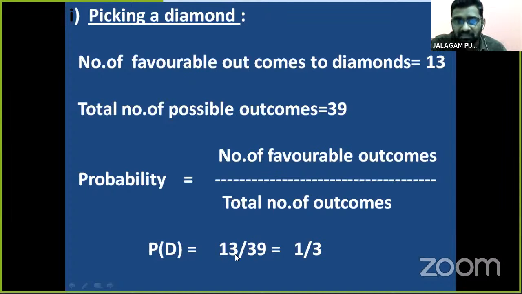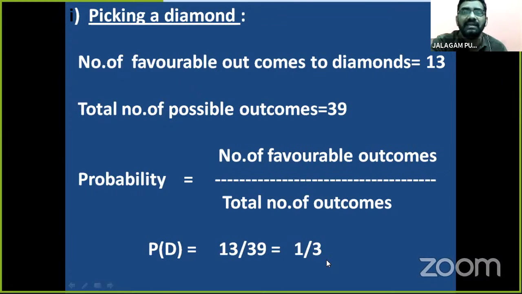Listen, see here carefully. 13 is favorable. 39 is the total number of possible outcomes. That's why 1 by 3 is the probability. What is the probability of picking a diamond here? Favorable outcomes by total number of possible outcomes, that's why 13 by 39, which is 1 by 3.